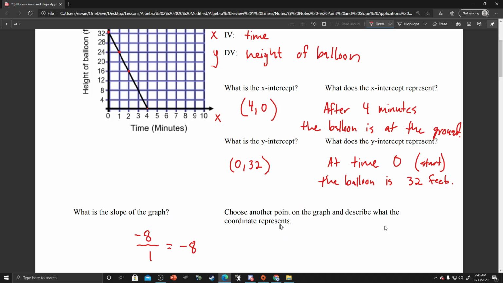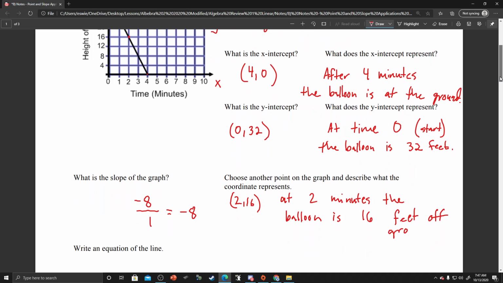The point is 2, 16, and it's at 2 minutes. The balloon is 16 feet off the ground.